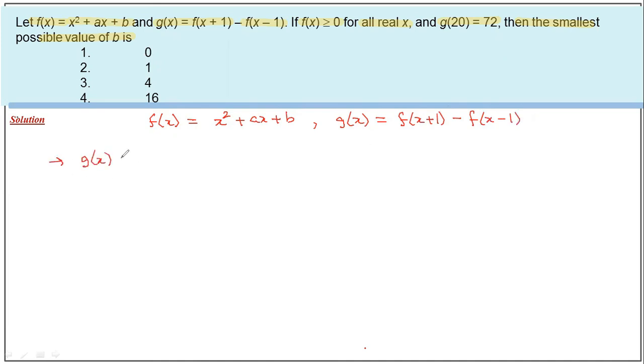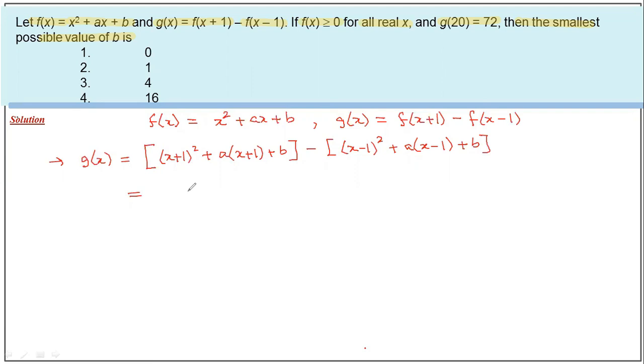So g(x) becomes equal to x plus 1 whole square plus a into x plus 1 plus b minus x minus 1 whole square plus a into x minus 1 plus b.